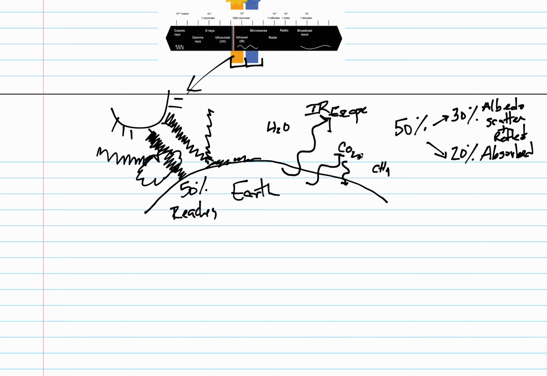Now, by us humans changing the amount of CO2 or H2O or CH4 in the atmosphere, we could impact the balance, right? Because we have input from sun, and then we've got escape or emission from Earth.